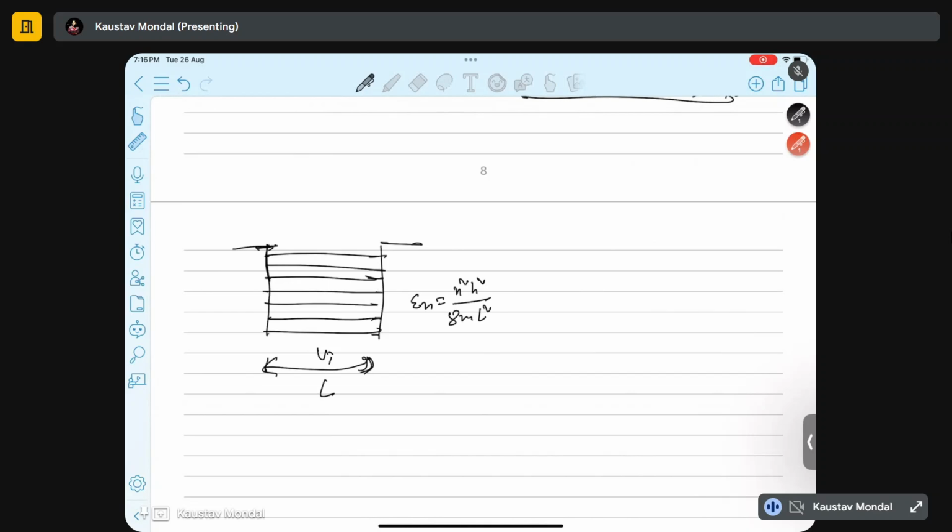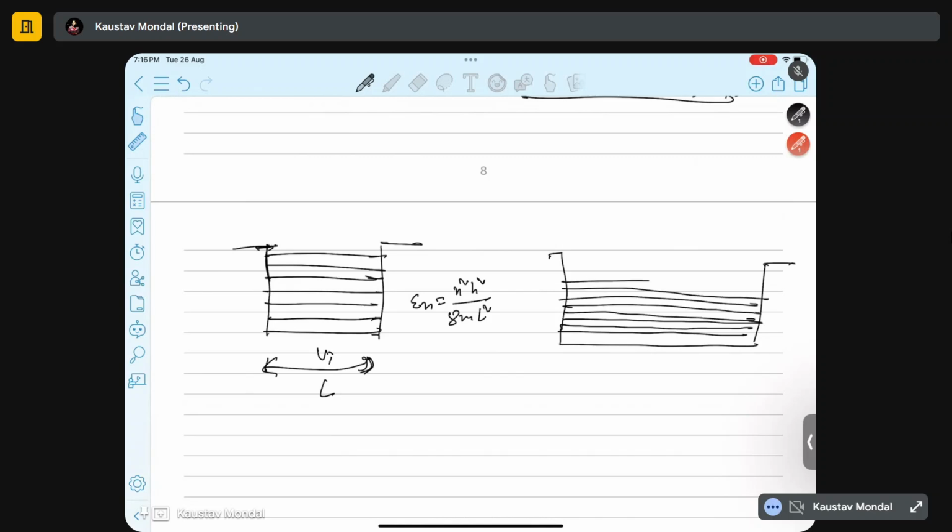Now if you make the container bigger, if you make L bigger, then the difference between the energy levels becomes smaller. That means more and more energy levels come into the system. If we expand the whole thing, the En would become smaller, so the energy levels become much more finer like this.